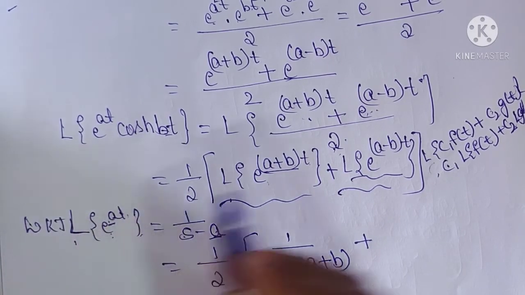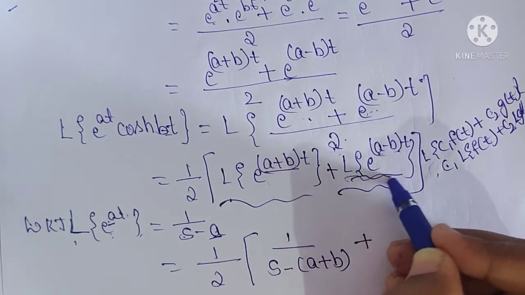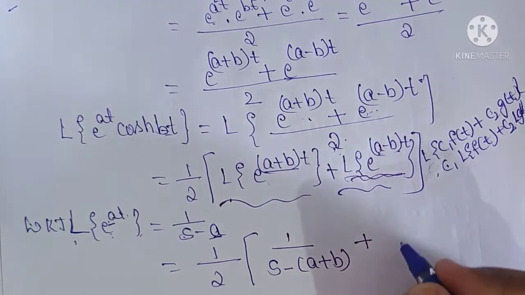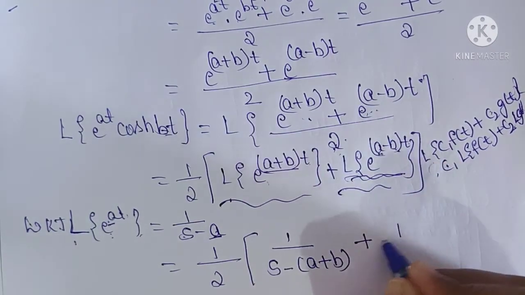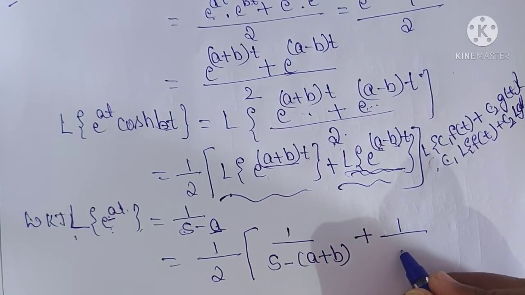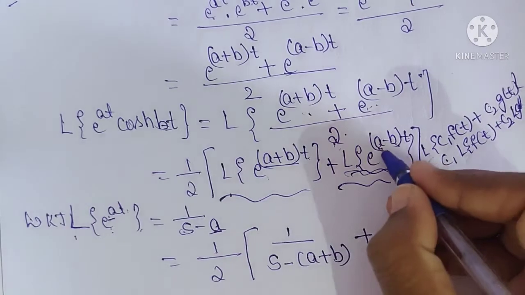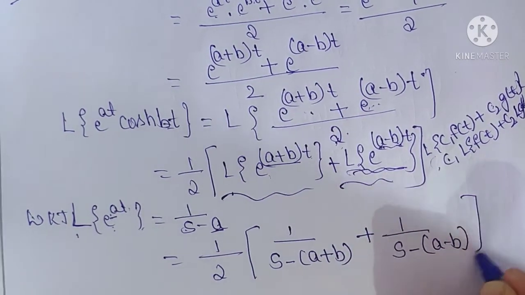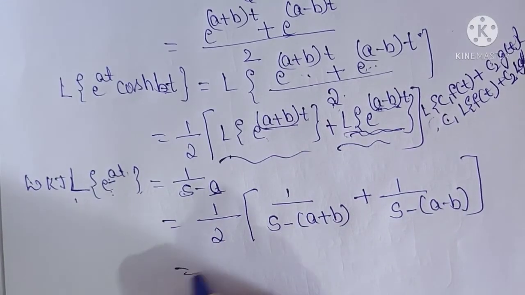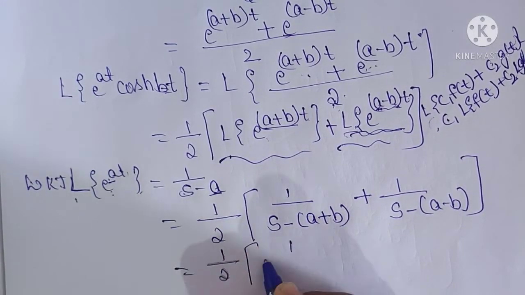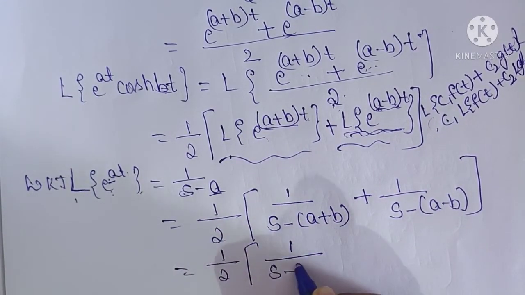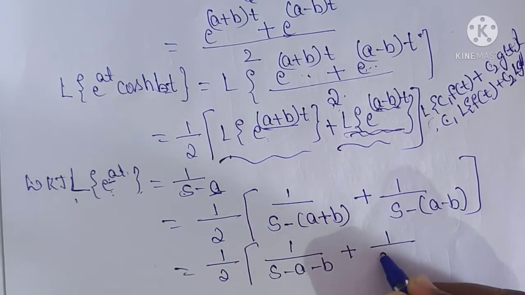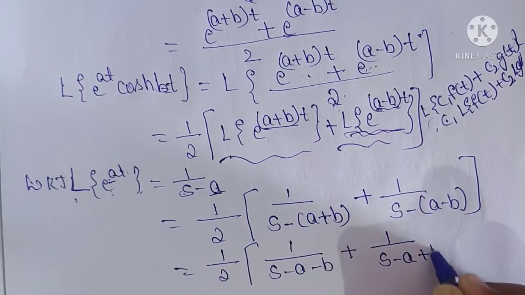Here in place of a, a minus b is there, therefore Laplace transformation of e power a minus b into t can be written as 1 divided by s minus, in place of a, a minus b. Now simplify this: 1 by 2 into 1 divided by s minus a minus b plus 1 divided by s minus a plus b.